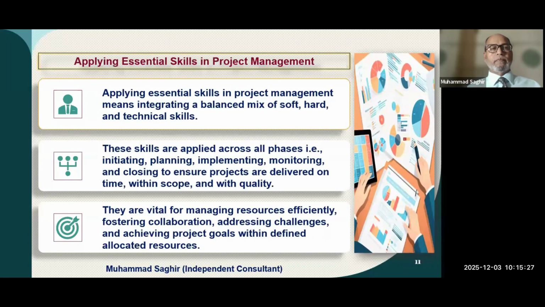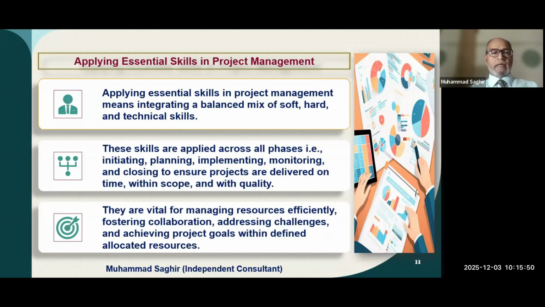And now, briefly, we will see how we can apply essential skills in project management. Applying essential skills in project management means integrating a balanced mix of soft, hard, and technical skills.